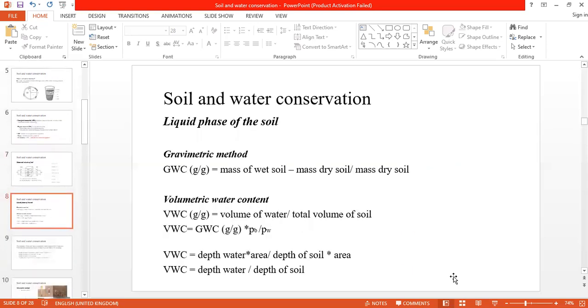Now we can look at the liquid phase of the soil, because when we start looking at water conservation, we need to quantify the amount of water in the soil. There are two ways in which we can quantify water. Like we said previously, we can use mass or we can use volume.